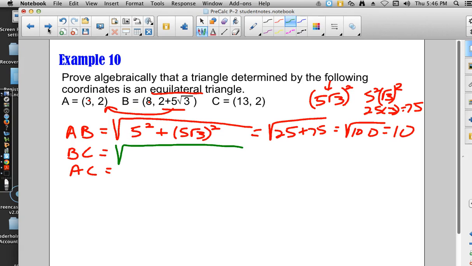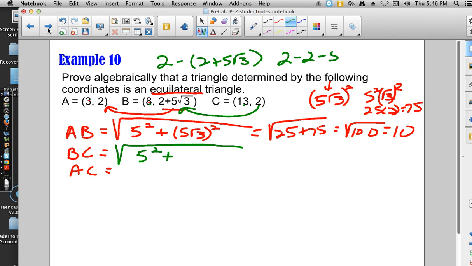All right, B to C. 13 minus 8 is 5 squared. Then 2 minus 2 times the square root of 3, minus 5 times the square root of 3. Don't forget to distribute your negative. That's going to be negative 5 root 3.